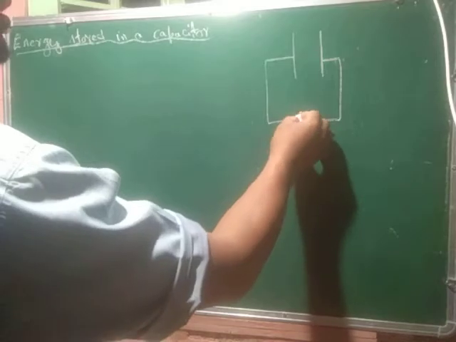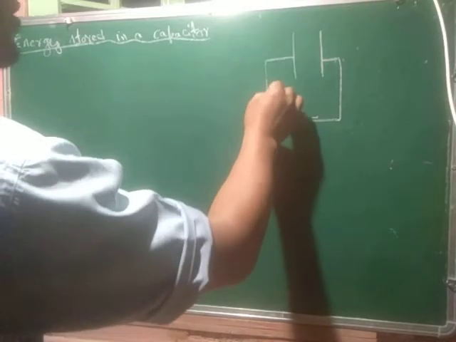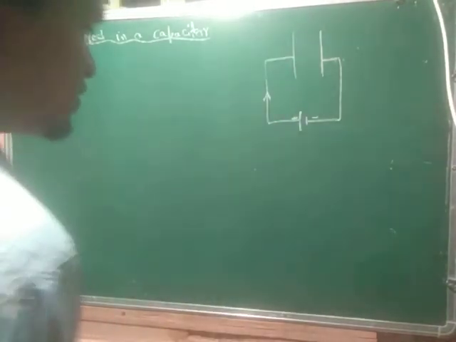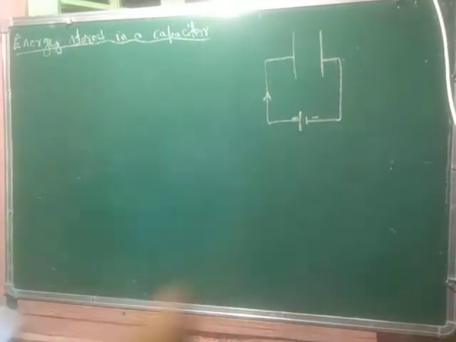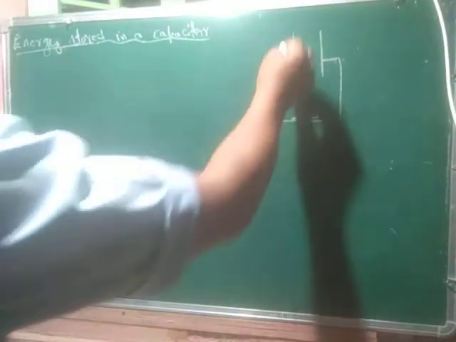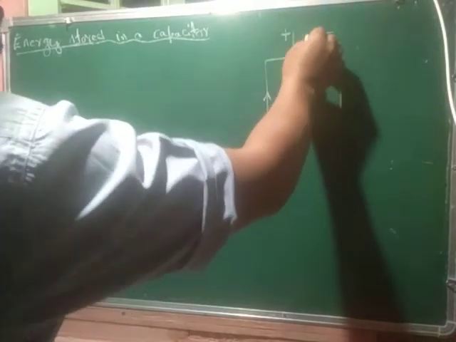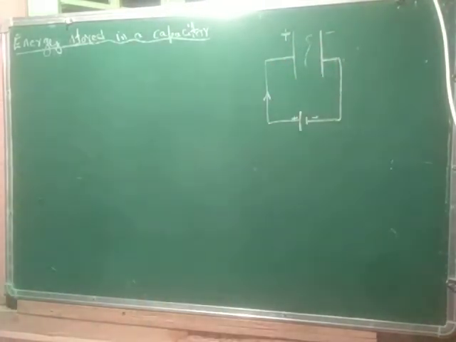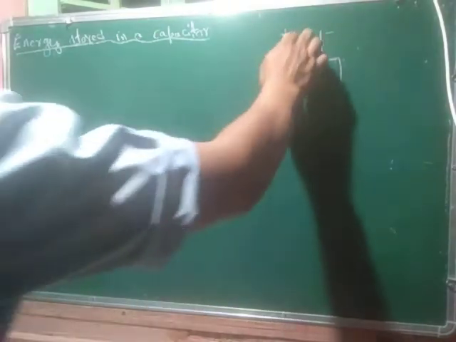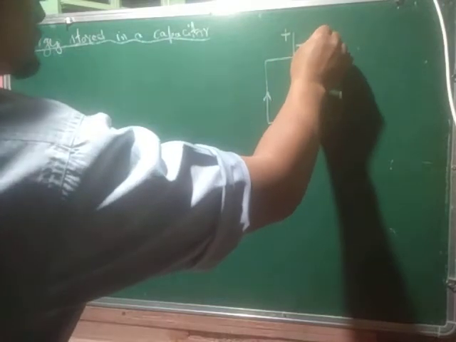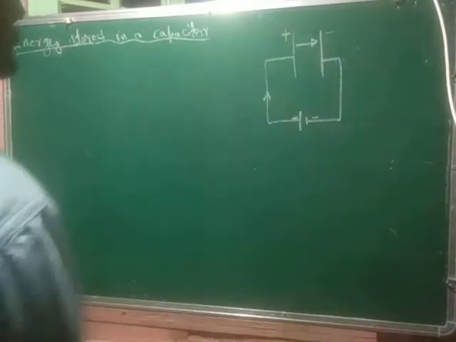This source will supply a charge to the capacitor, and as you give charge to the capacitor, the charge is transferred from one plate to another plate. So this process of charging a capacitor involves transferring charge from one plate to another plate.